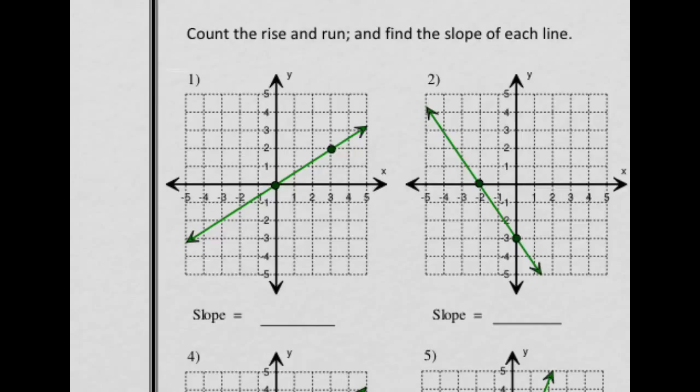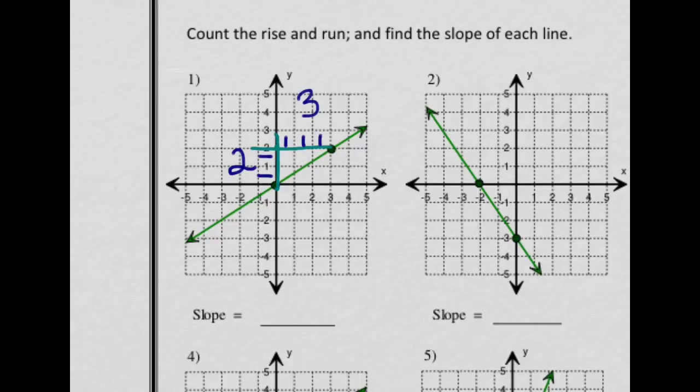So I need to draw my slope triangle, which means I draw my vertical line up, my horizontal line over. And then I count. I have 1 unit, 2 units. So my up and down is 2. How far did I have to go left to right? There's 1, 2, 3.